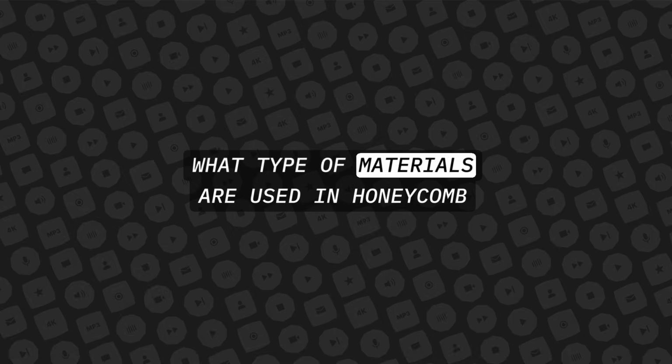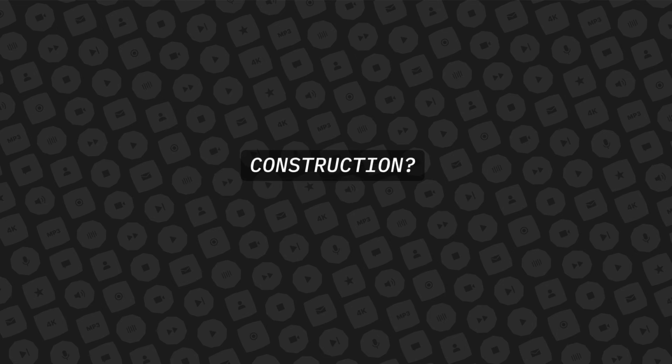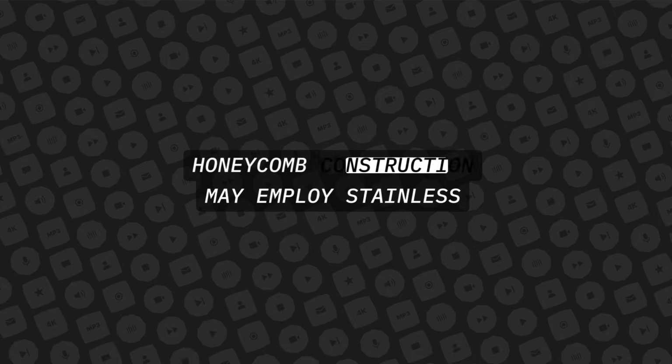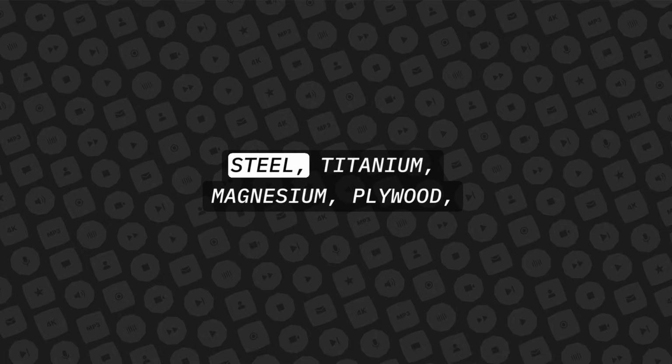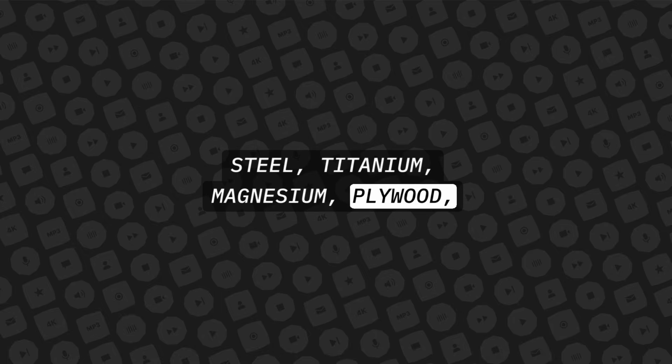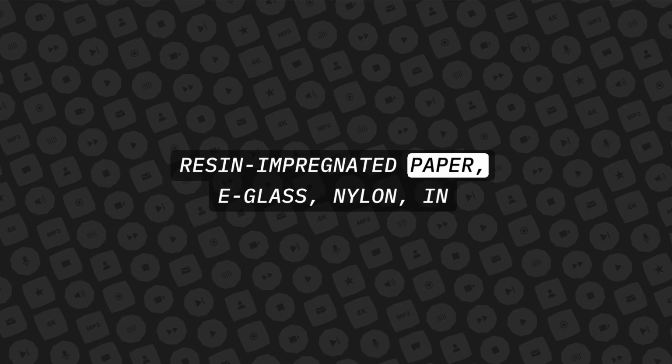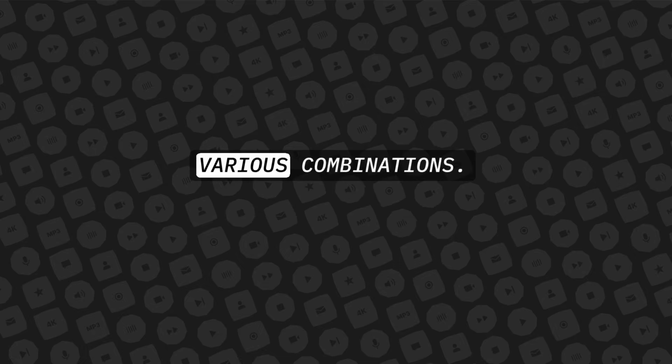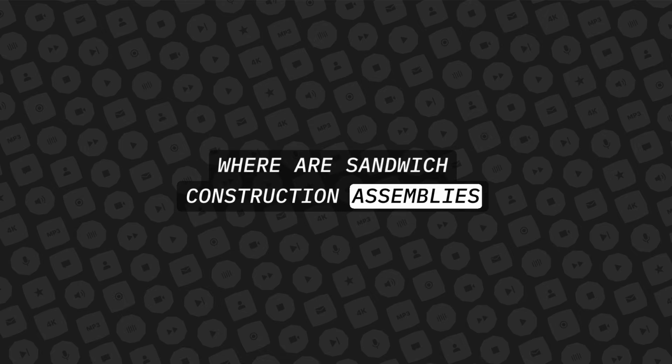What type of materials are used in honeycomb construction? Honeycomb construction may employ stainless steel, titanium, magnesium, plywood, resin-impregnated paper, e-glass, nylon, and various combinations. Where are sandwich construction assemblies used?